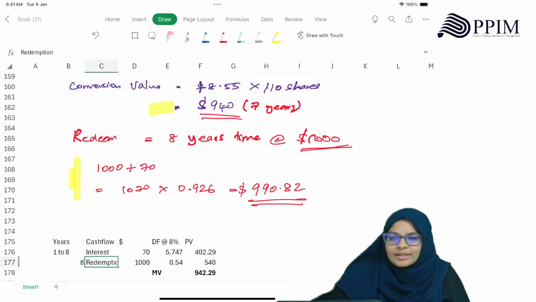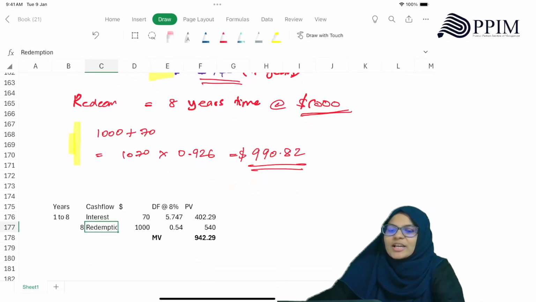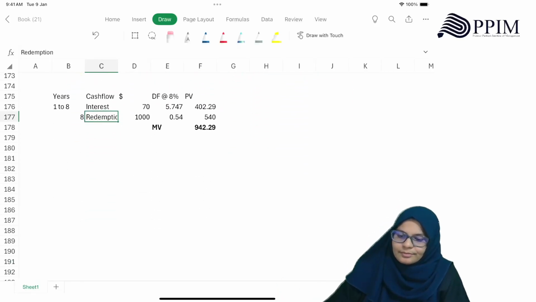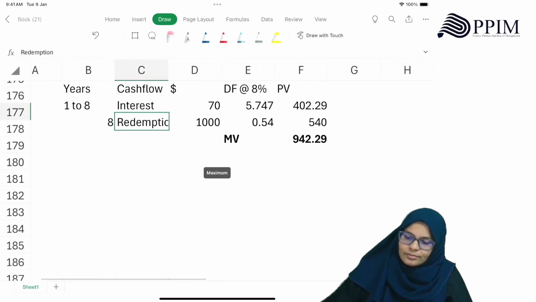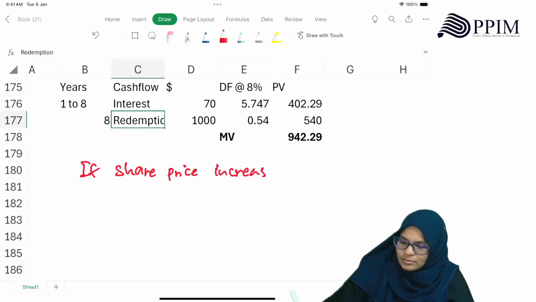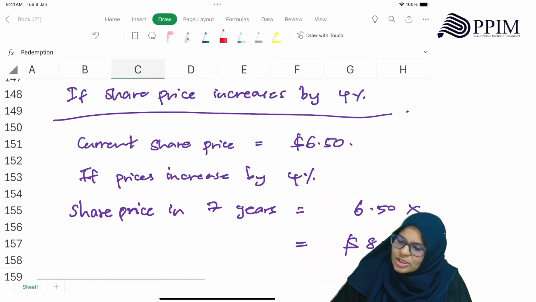Okay, right. So let's see what's going to happen if the share price increased by 6%. The share price today was how much? 6.5.